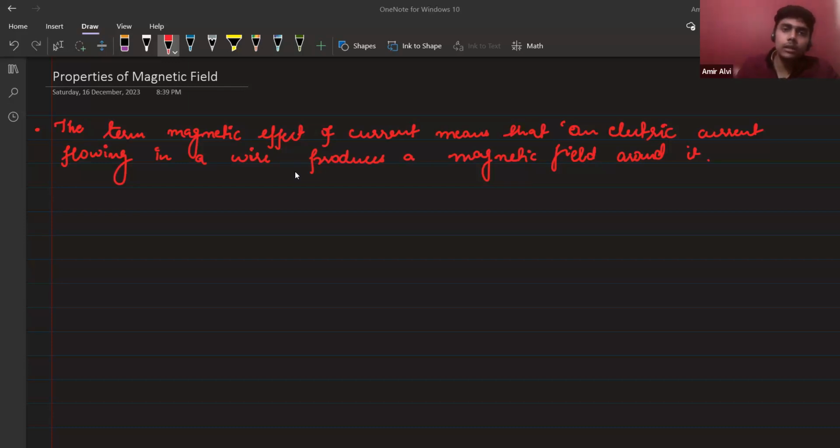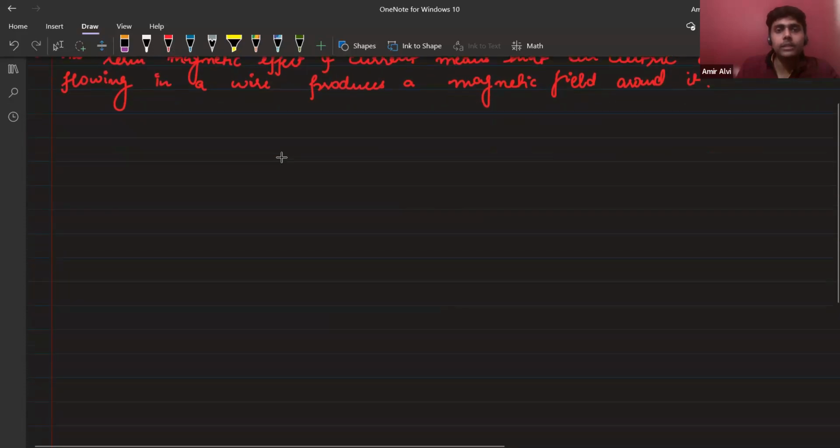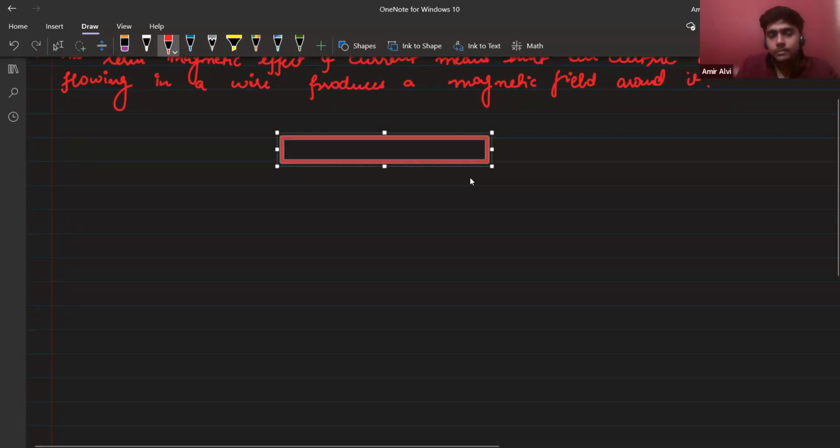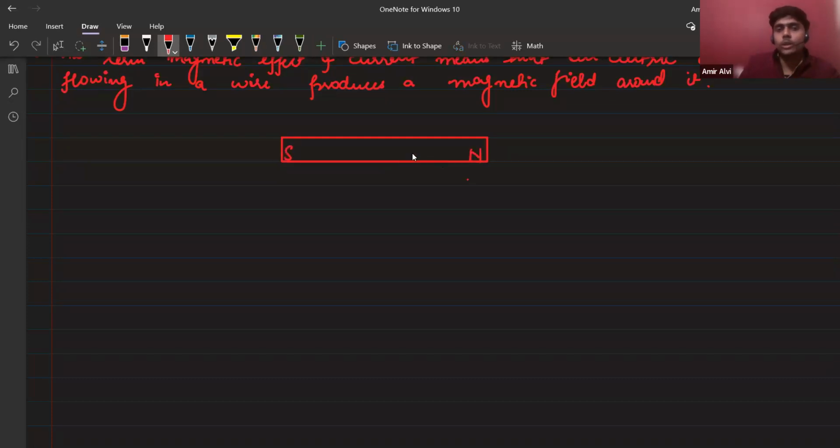So let's do a basic analysis of a magnet. A magnet is like this, in which the North Pole is there and the South Pole is there. The basic property of a magnet is that it will attract the opposite pole and repel the same pole.